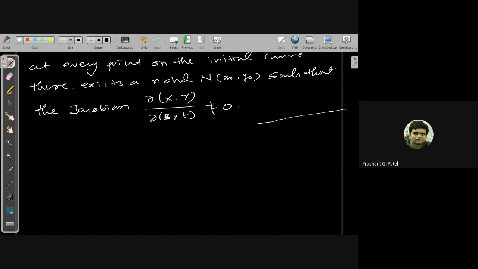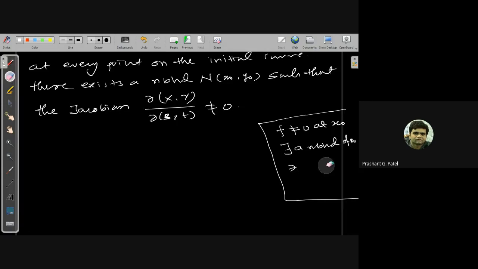This is a very important result that we have actually used here: if there is some function which is non-zero at x0, then there exists a neighborhood of x0 such that in that neighborhood the function is non-zero for every x in that neighborhood of x0. This is a very elementary result which you might have studied in your analysis course, and it is very easy to see for real numbers.